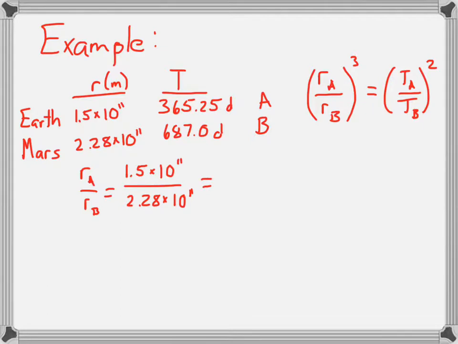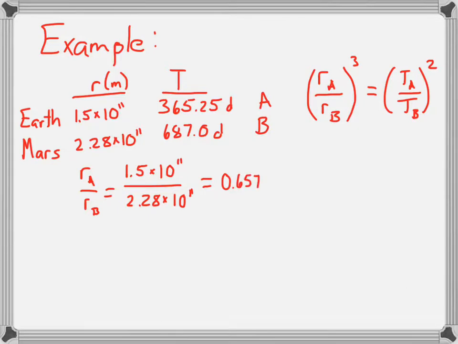That number's probably going to be a little bit less than 3/4, around 0.7. So 1.5 times 10 to the 11th divided by 2.28 times 10 to the 11th, I get 0.657.